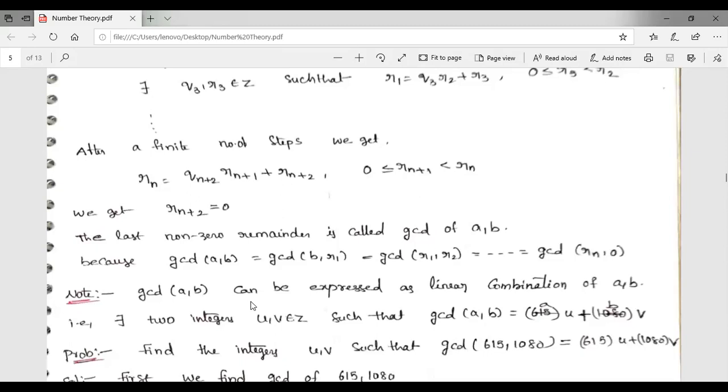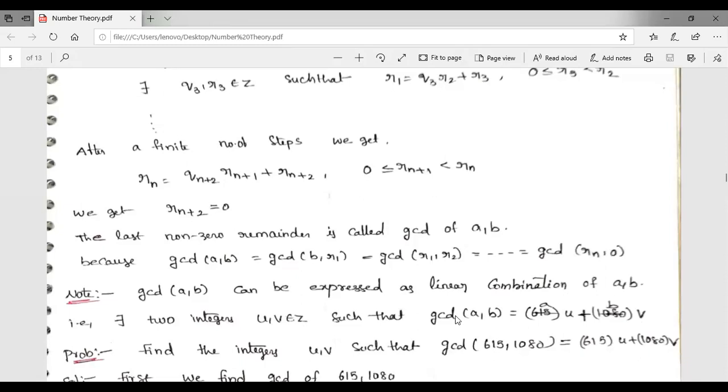So GCD of A comma B can be expressed as a linear combination of A comma B. That is, there exist two integers u, v belonging to Z such that GCD of A comma B is equal to AU plus BV.